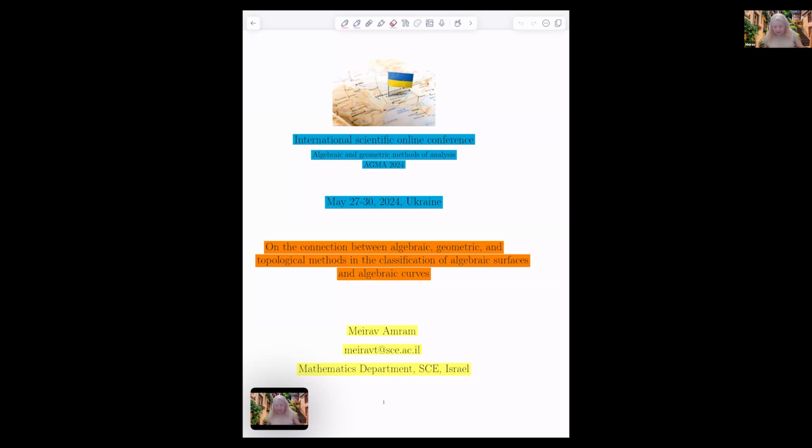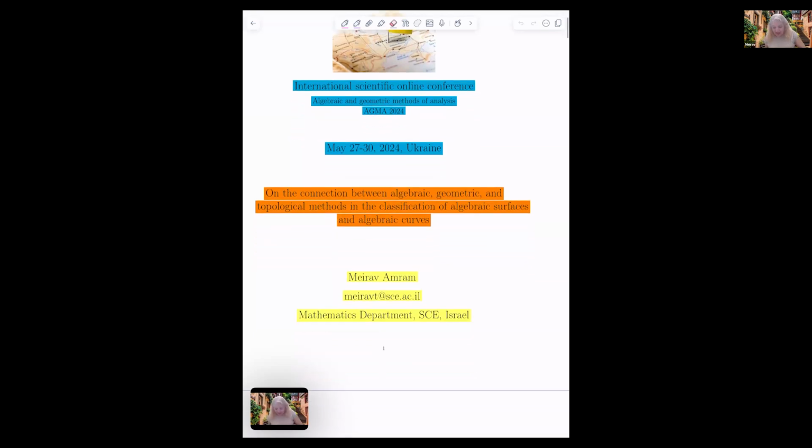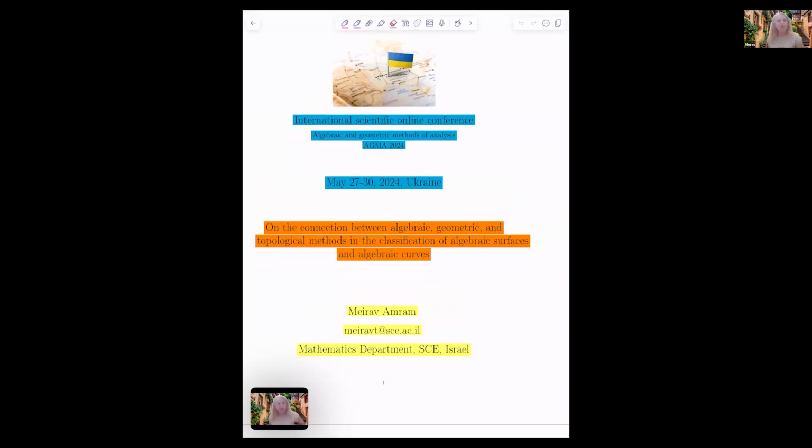Now, I would like to tell you that classification of algebraic surfaces and curves are two directions, although we also use similar methods, not the same, but maybe some here and there, and also different ones, of course.